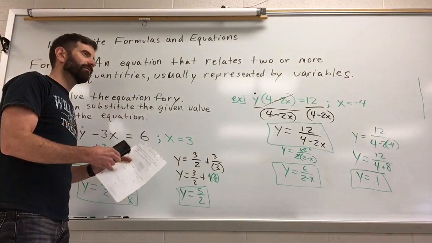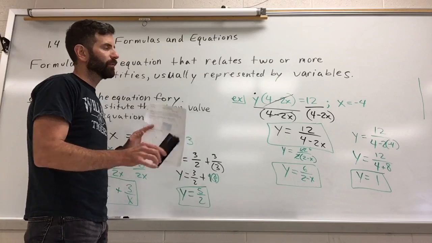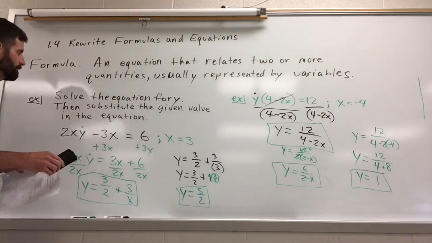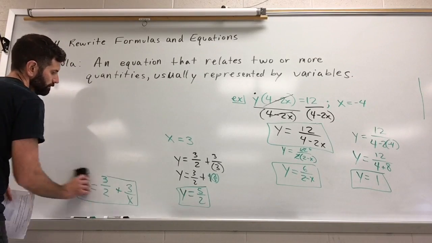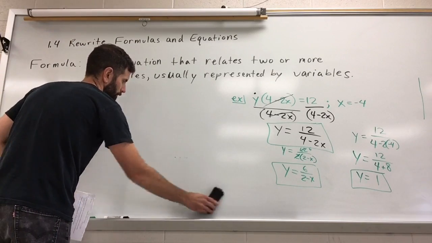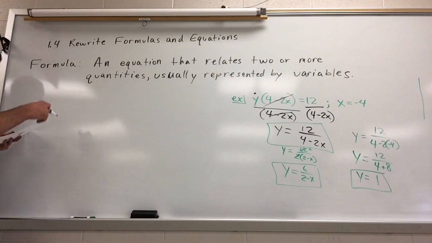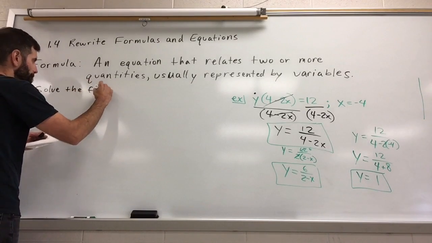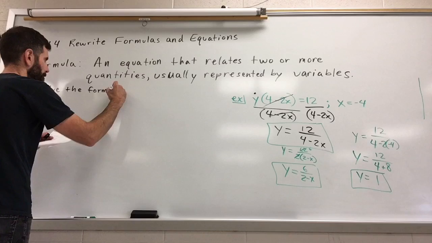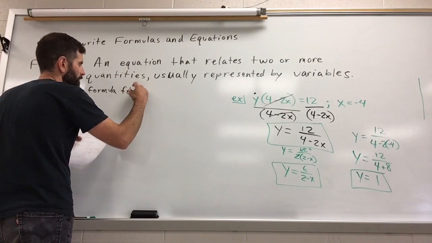It's just that with the different variables and the addition of more variables, people can get a little bit turned around with this. All right. Our instructions are solve the formula for the indicated variable.